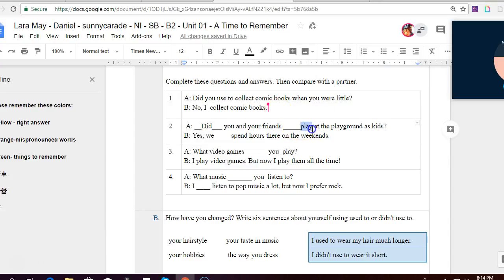How about this word? What is that? Noun or verb? Verb. Okay, Danielle, say verb. Verb. Okay, good. So, what should be the word that we need to use? Used to. Good. We're going to use the word used to, okay?